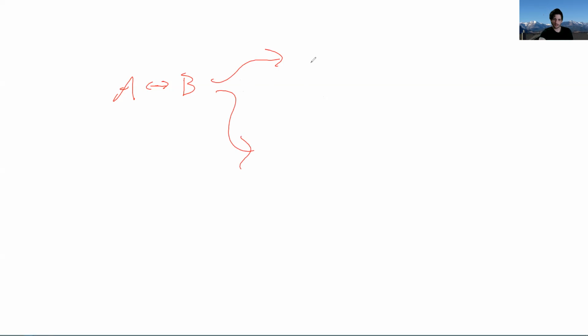You can either think about it as A and B are both true, A and B, or it's not the case that A and it's not the case that B. So right, this is either they're both true or they're both false. So another way of saying this is either A and B, or not the case, A or B, right?